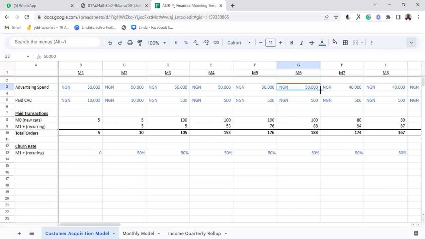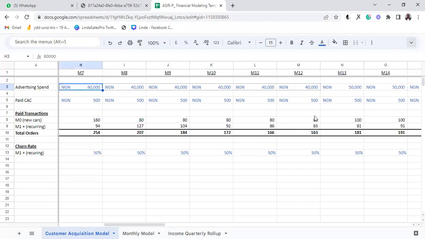So if, for example, on our 7th month, we want to increase our marketing spending to probably, let's say 80,000, I can increase this to 80,000, right? Once I increase it, I can move this and maybe we want to stop at month 12. So here we see we have stopped at month 12.